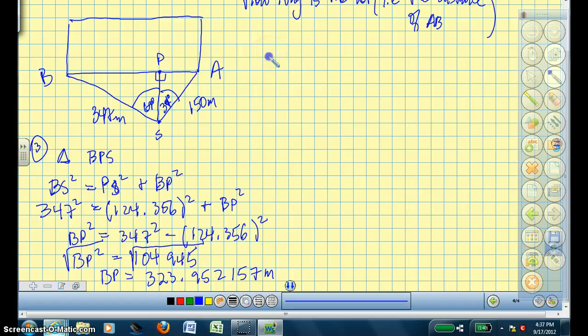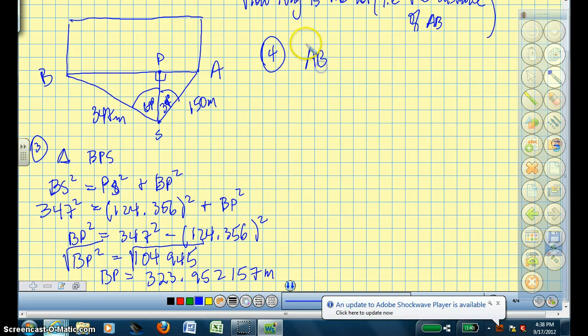Finally, I need to determine the full length. In step number 2, I determined what this measurement was. In step number 3, I determined what this measurement was. So now, in order to determine the full length of the lot, I simply have to add the two together.